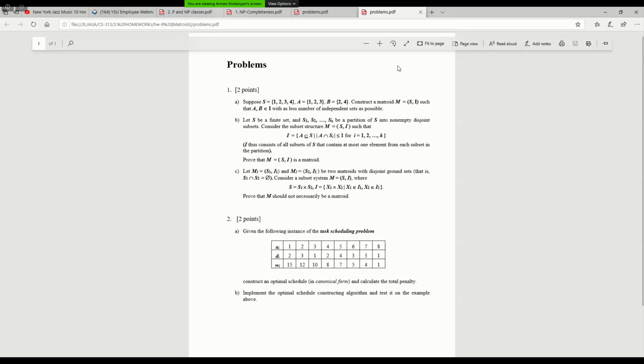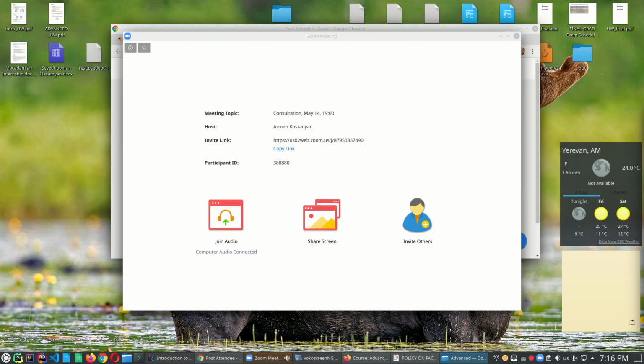Let's turn backward. So suppose our subset system is constructed in the following way. S1 consists of A and B. S2 consists of, for example, 0 and 1.